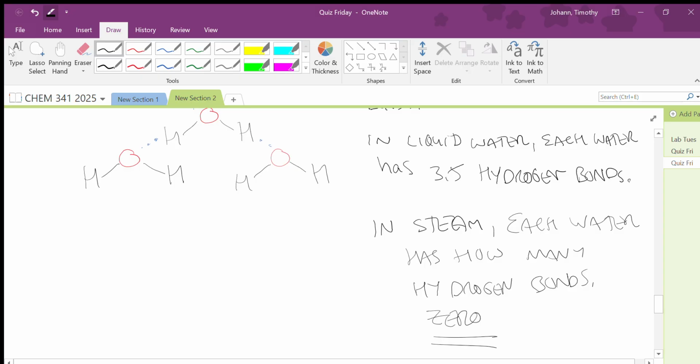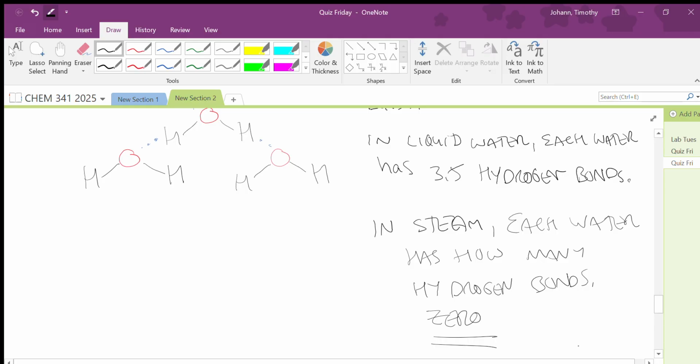So to go from liquid water to steam, you take those 3.5 hydrogen bonds and you break all of them. That absorbs a ton of heat when you're sweating. Or when you get the steam burn, it releases a ton of heat back to you when they come together and make those hydrogen bonds.